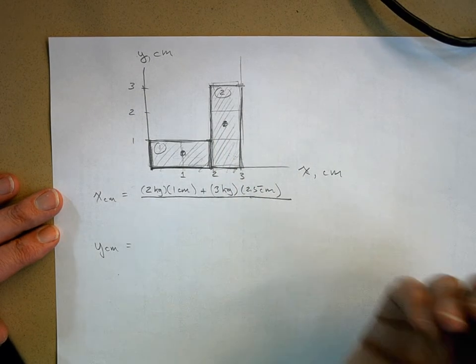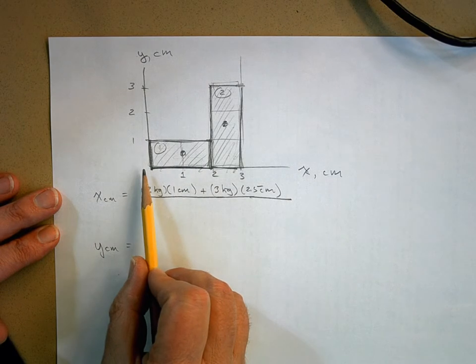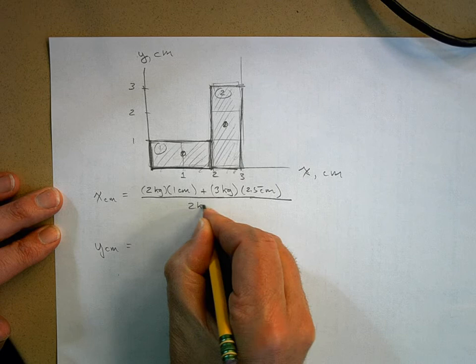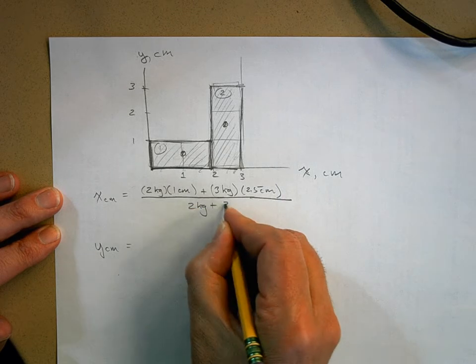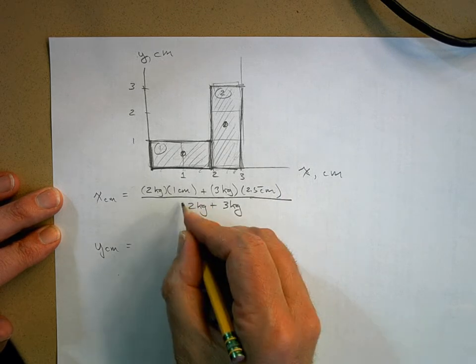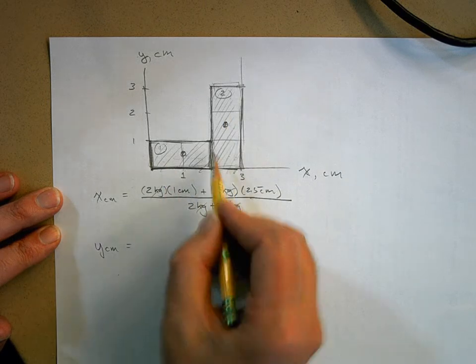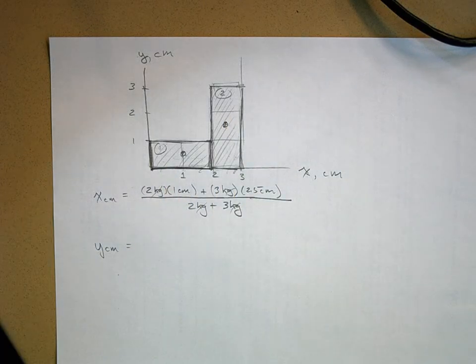Now, what's the total mass? Well, this is 2 kilograms plus 3 kilograms. And notice that the kilograms cancel, so it doesn't matter that this was in kilograms, in grams or whatever. It doesn't matter. Yes? I can't hear you.